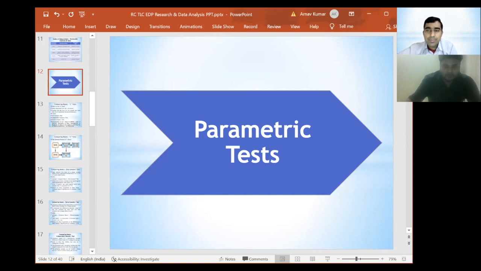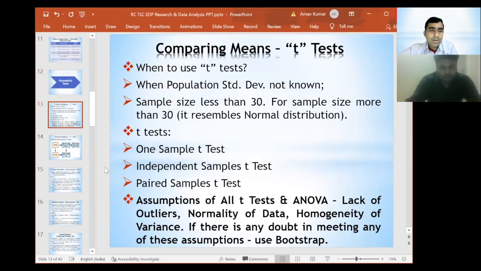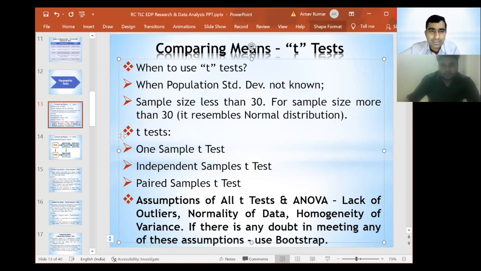In the parametric techniques, a very common thing that we do is that we compare the means. Now it may appear very simple, what is comparing means to do, but it is actually very, very powerful. In fact, I am an academic researcher, sir is an academic researcher, and many of you who will see the video later on may be academic researchers.